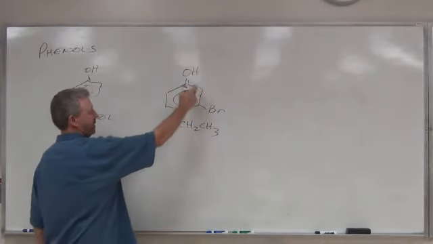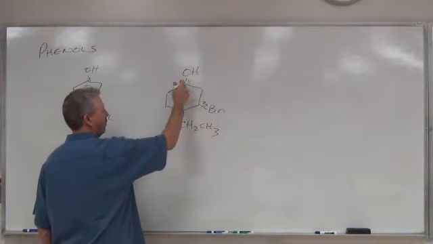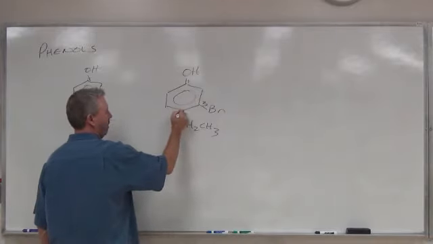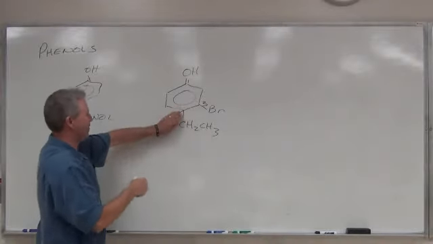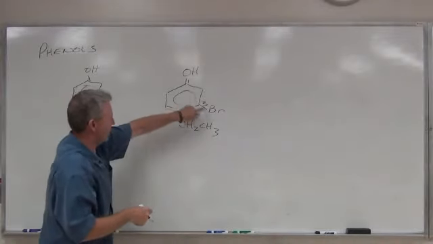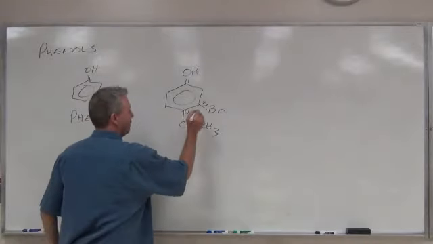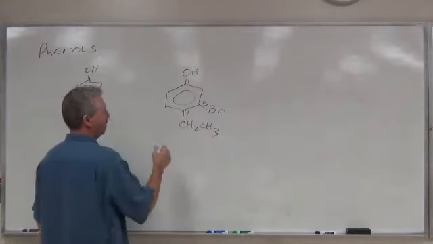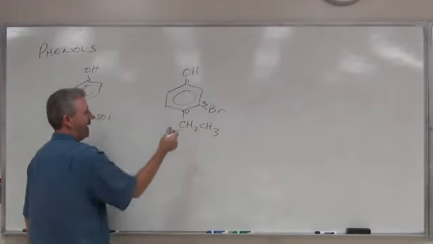I've got two choices here. I can number this way, 1, 2, 3, or I can go 1, 2, 3, 4. Going this way, just so happens going that way puts 4 on it, right? Going this way puts my first substituted group at the lowest number. So this is 4 again, no matter which way you go. I have two groups, bromine, bromo, and ethyl.